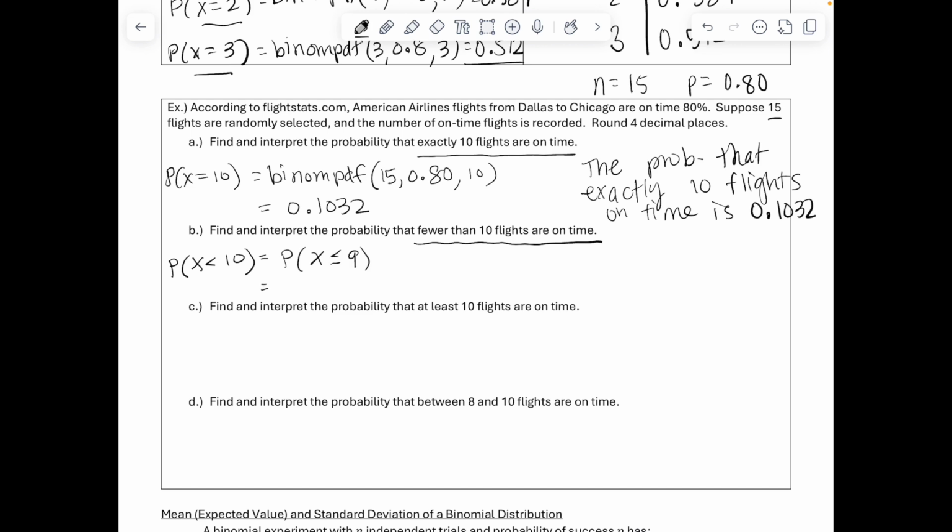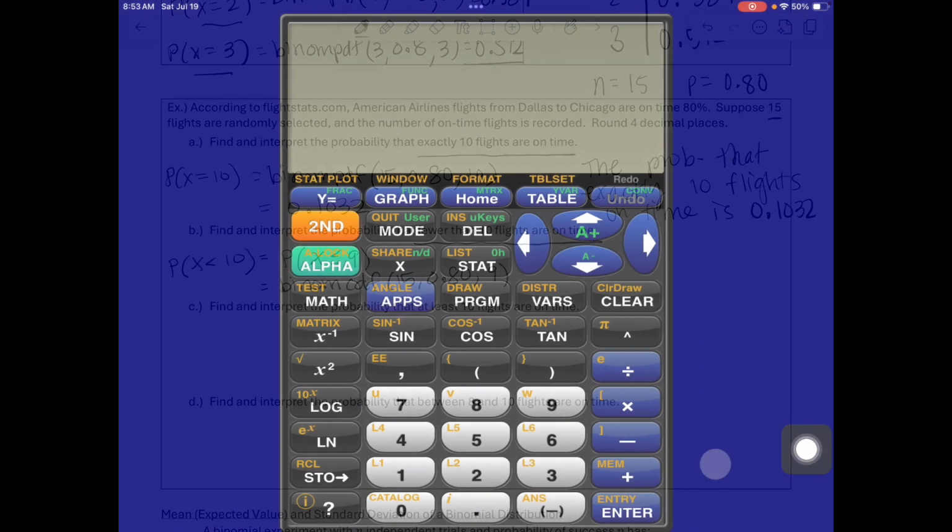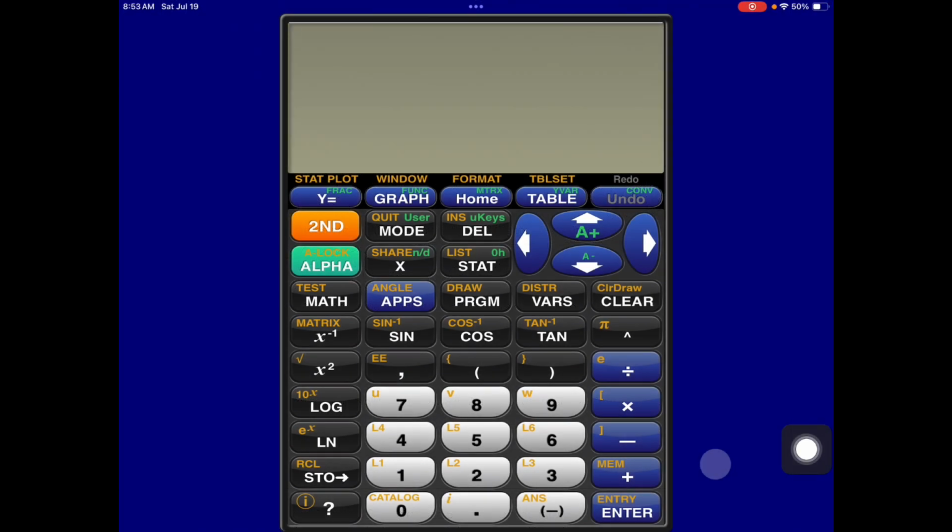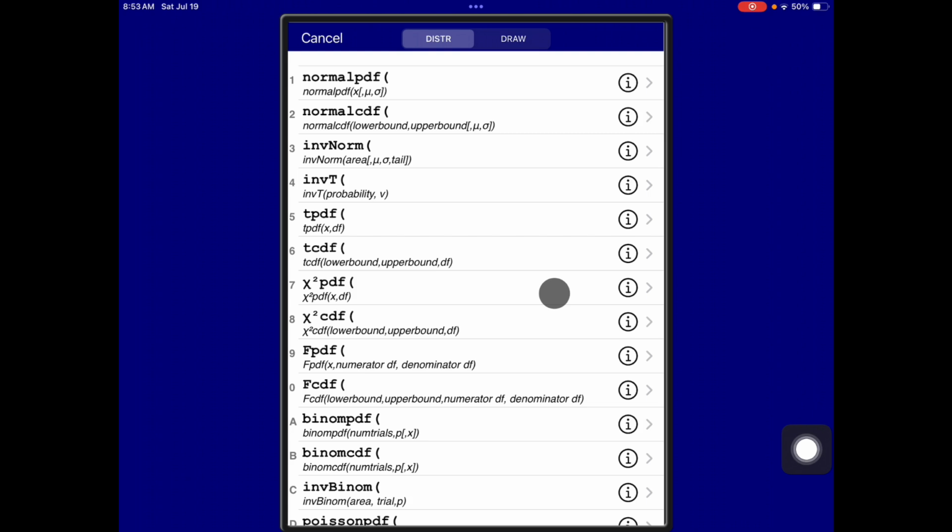And so to do this on our graphing calculator, we're going to use Binom CDF. And this is going to be our number of total flights is 15. Probability is 0.80. And for our x value this time, the largest value that we have is 9. On the graphing calculator, for this one, we're going to go to second, vars, Binom CDF.